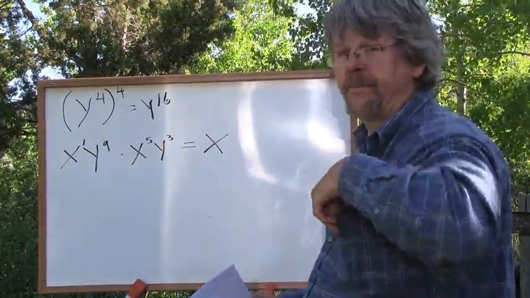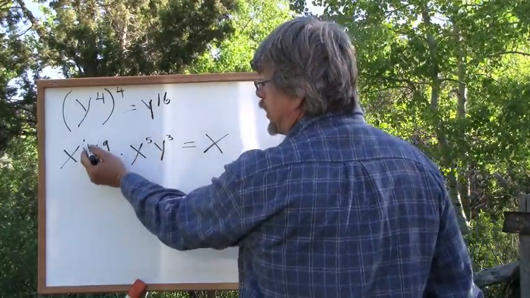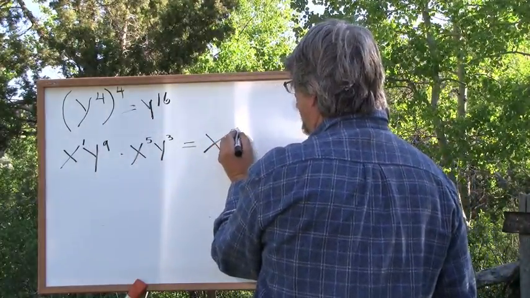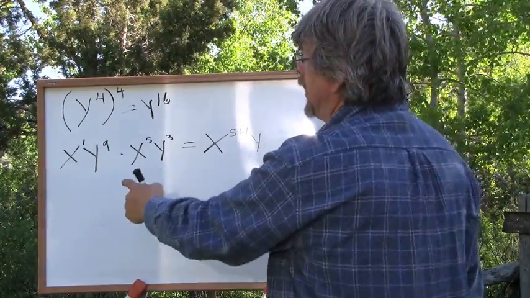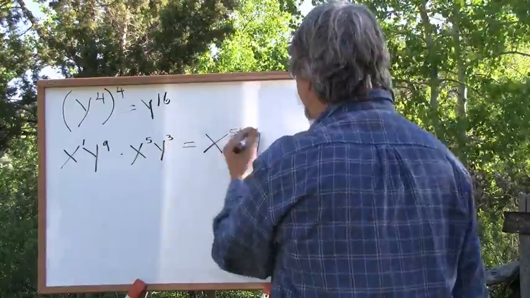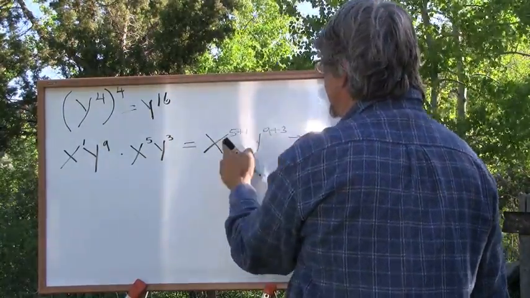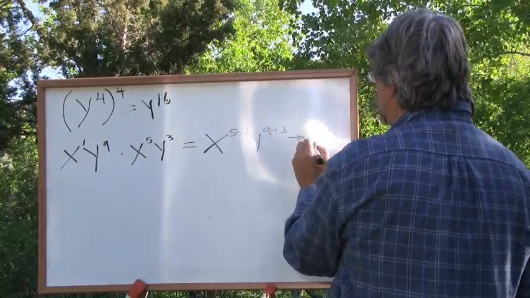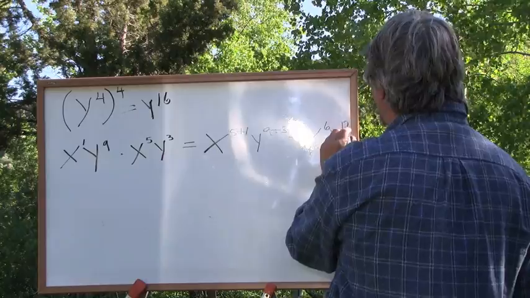Because this is not going to be x to the 5th, this is going to be x to the 5 plus 1. And then you do the same thing with the y. 9 plus 3. So that this simply equals x to the 6th, y to the 12th.